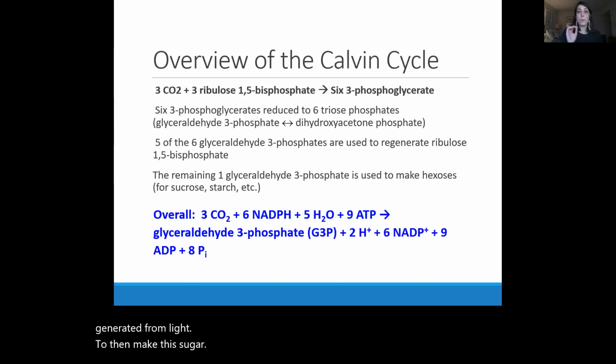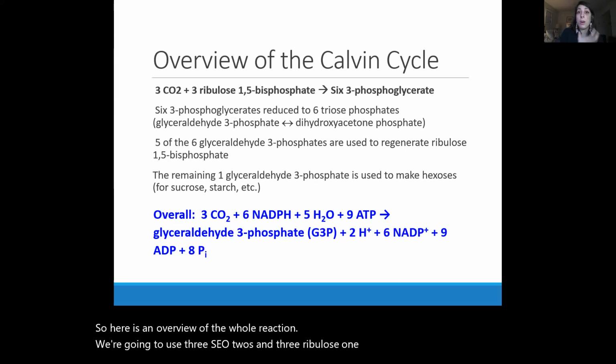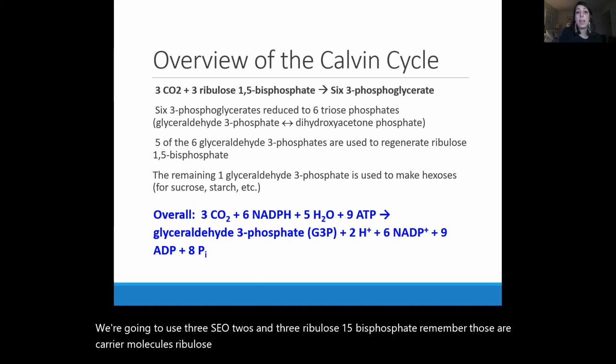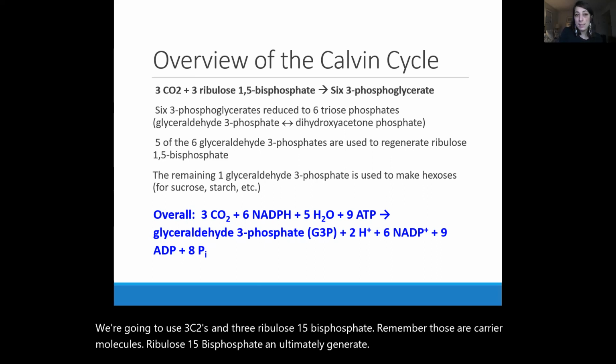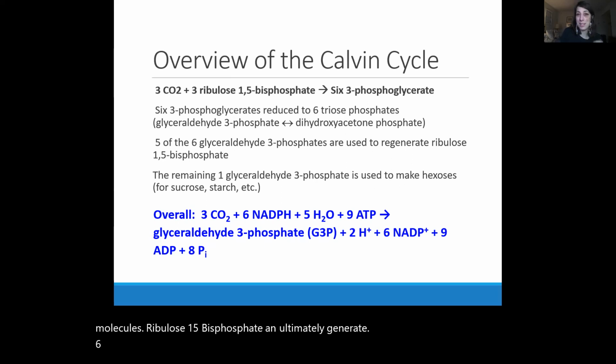So here is an overview of the whole reaction. We're going to use 3 CO2s and 3 ribulose 1,5-bisphosphates. Remember, those are our carrier molecules, and ultimately generate 6 3-phosphoglycerate. So 6 molecules of 3-phosphoglycerate. Okay, this is the first step that we go through.